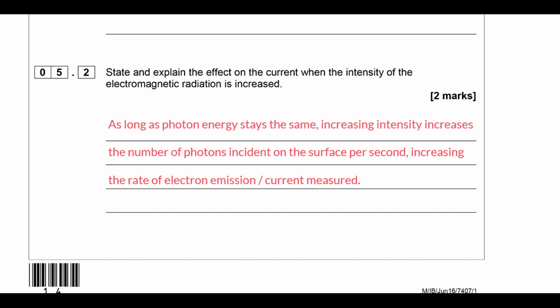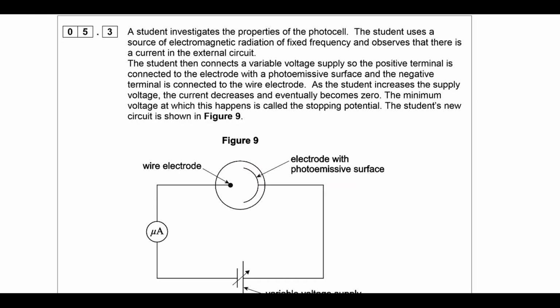So let's move on. A student investigates the properties of the photocell and uses a source of fixed frequency and observes that there's a current in the external circuit, so the frequency is above the threshold frequency. The student then connects a variable voltage supply, so the positive terminal is connected to the electrode with a photoemissive surface, and the negative terminal connected to the wire electrode.